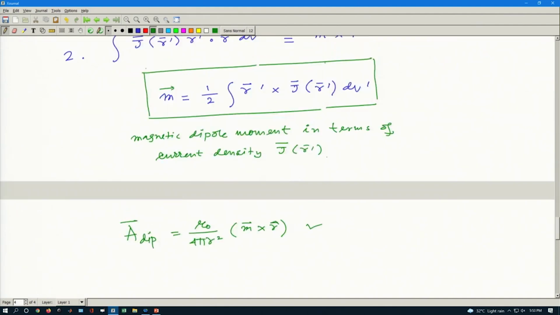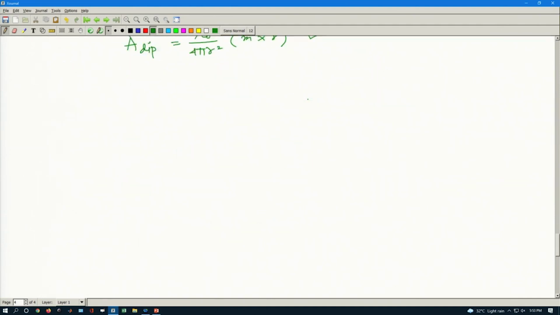So, you can now see that the magnetic dipole moment here is defined in terms of the current density. So, it is like electrostatics.